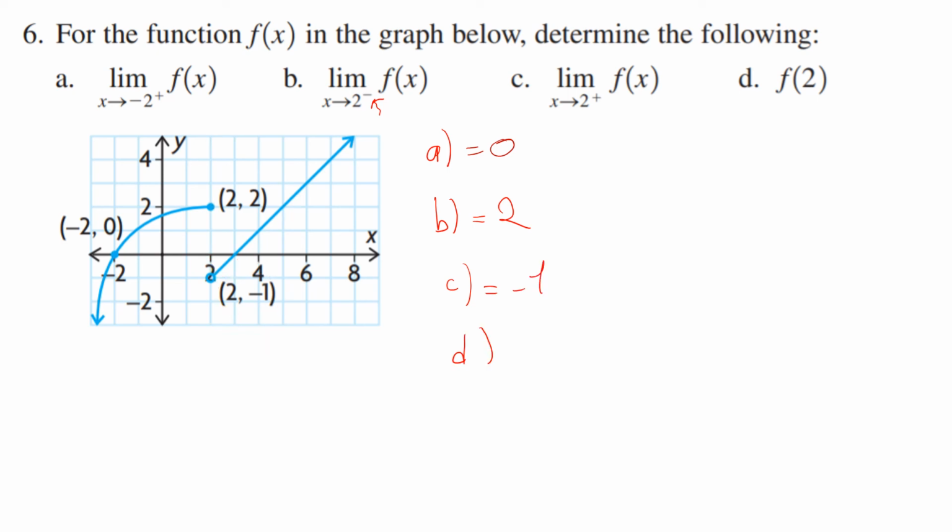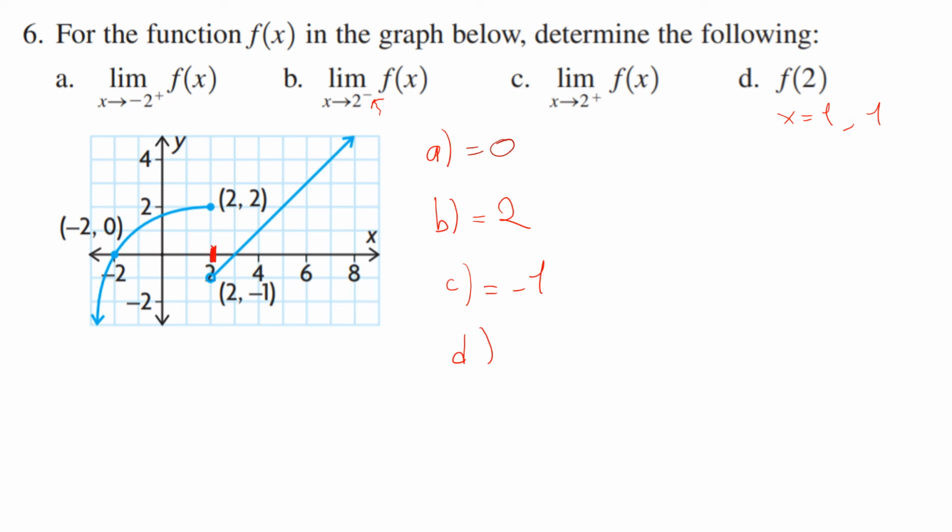For the last one, it's saying f(2). So it's just like the graph question we did previously. It was saying x equals 1, find it at 1, right? So it's exactly the same thing. I look at x = 2 and I'm trying to find the y value.